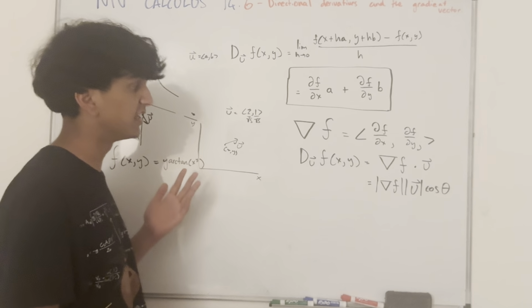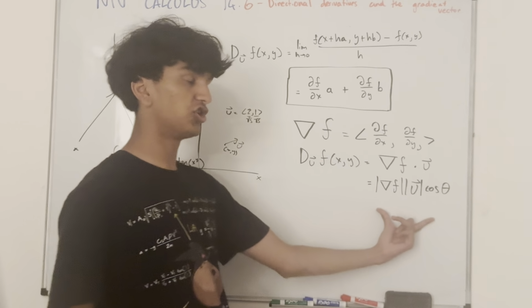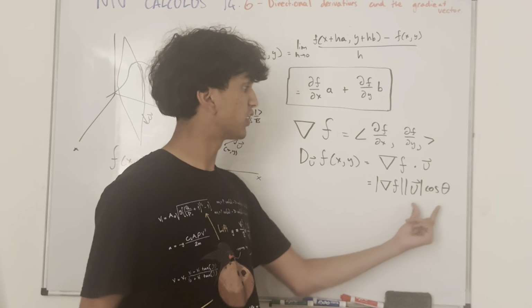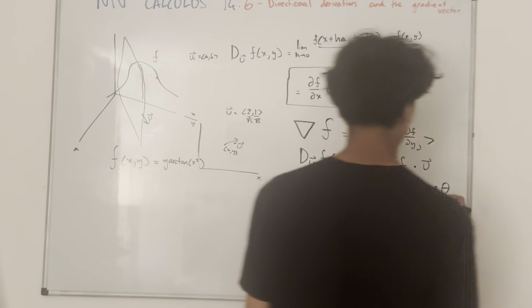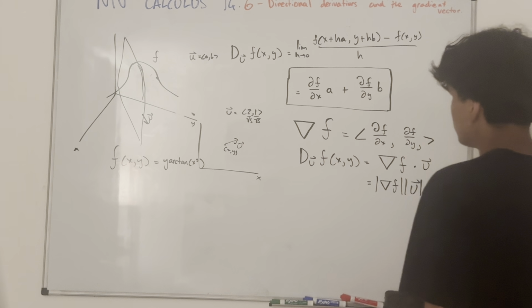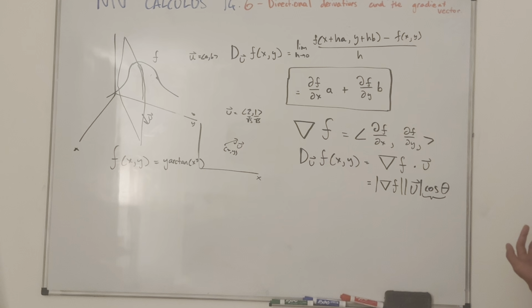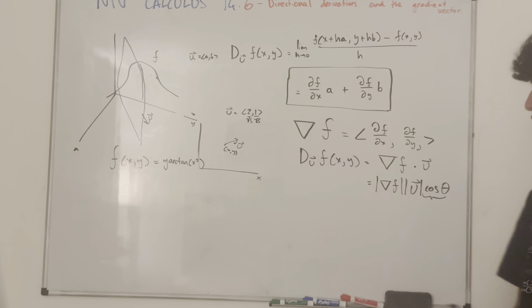But the idea is, this will be the largest when cosine theta is the largest. Cosine theta really has a range from -1 to 1, but the gradient vector and the unit vector you want to travel in won't be more than 90 degrees apart.